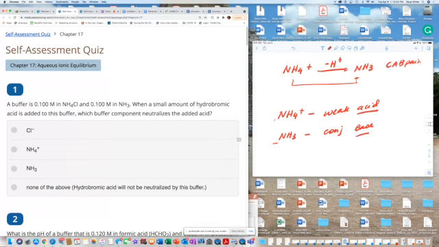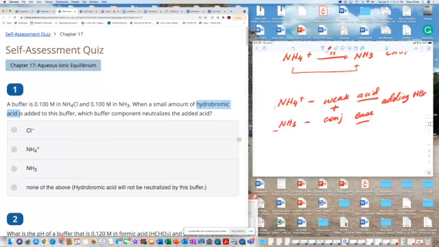They're saying when a small amount of hydrobromic acid is added. So this situation already exists where these two are mixed. They're already mixed. You're adding hydrobromic acid, this HBr. HBr is also an acid. So which component, the acid or the base, will neutralize the hydrobromic acid?